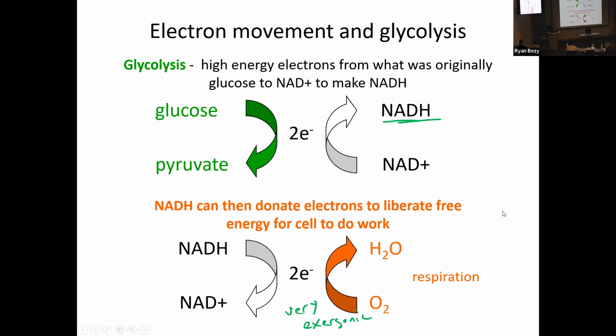When NAD+ gains the electrons, it's reduced. The electrons are going from glucose to NAD+, and when NAD+ accepts those electrons, it converts into NADH. When glucose, over the course of glycolysis, loses electrons, it gradually gets converted into something called pyruvate, which we'll talk about more in just a second.